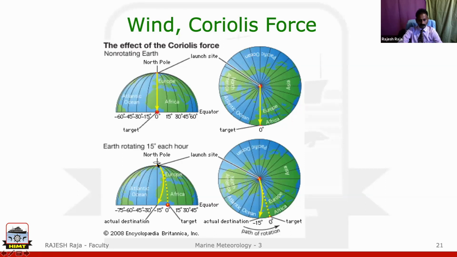So what has happened is the missile was launched. By the time the missile reached here, the Earth has rotated easterly. So the target has gone to this side. So what a person flying in this plane or the missile sees is that it has missed the target and curved apparently right.